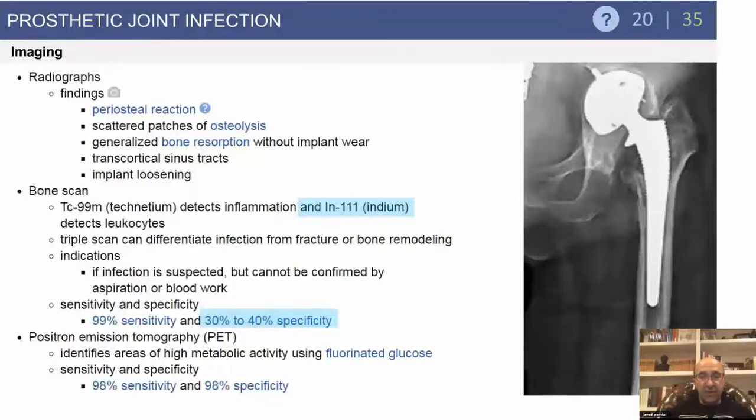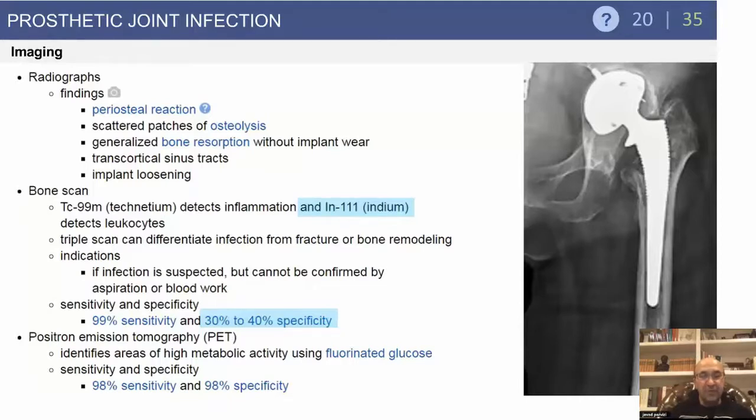Radiographs are definitely necessary, but they are not always that helpful. They can certainly show you loosening. Occasionally, they might show you periosteal reaction, which is a sign of infection. They may occasionally show involucrum, abscess formation, and extensive osteolysis, particularly if it's focal, is suggestive of infection. Bone scan, really a pretty useless test.